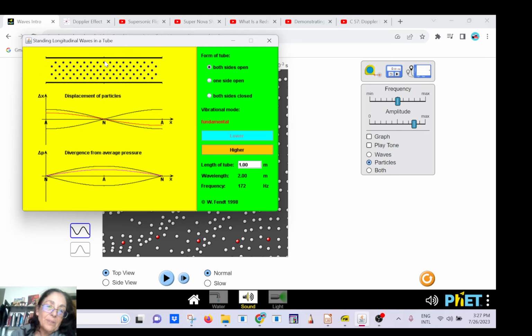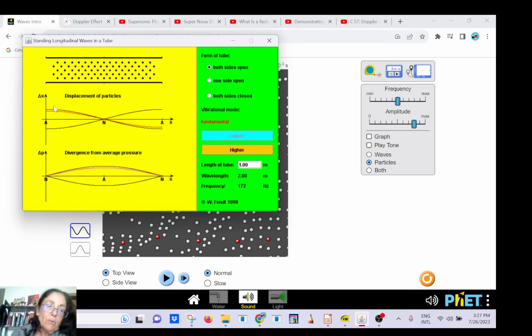So you see here at the center, at that location, the particles are not moving, so the displacement is zero. At the anti-node here, you see the displacement is maximum, right? And this is the atmospheric pressure.